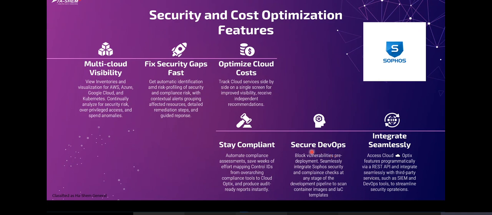As you can see here, you can seamlessly integrate with Sophos security and compliance checks at any stage of your deployment, either pre-deployment or during deployment. All you need to do is plug in your container, your Kubernetes or your infrastructure as code and so on, and you're good to go.